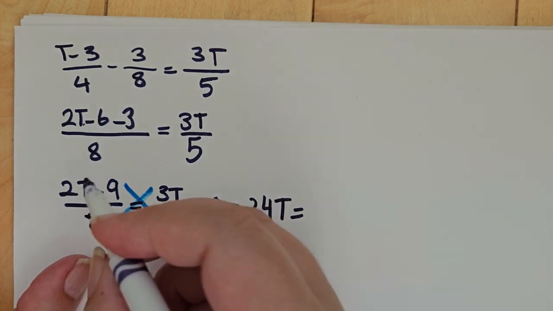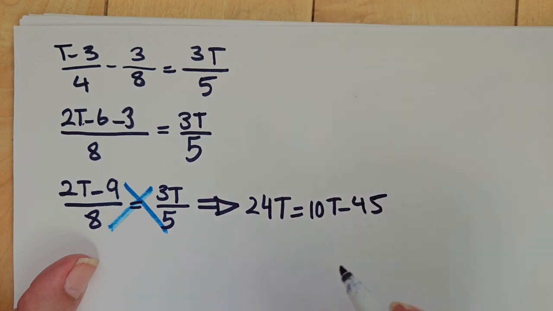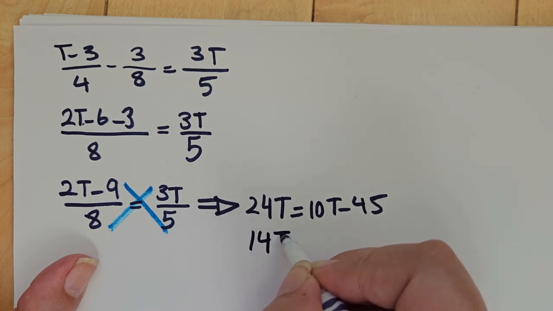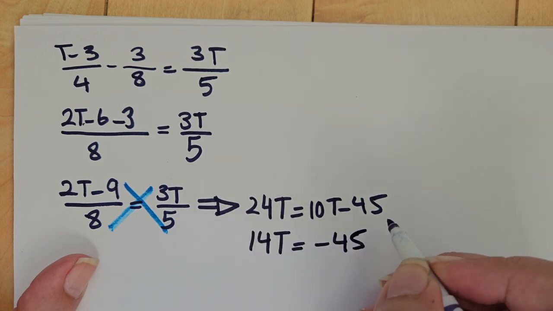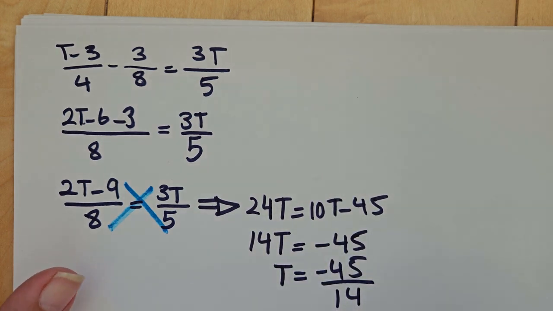Then I have 5 multiplied by this, which is 10t minus 45. And now 10t will move to the other side. I will have 14t equals negative 45. t would be negative 45 divided by 14. And this is the final answer. Remember, you can always go back, substitute the value of t, and make sure it satisfies the original equation.